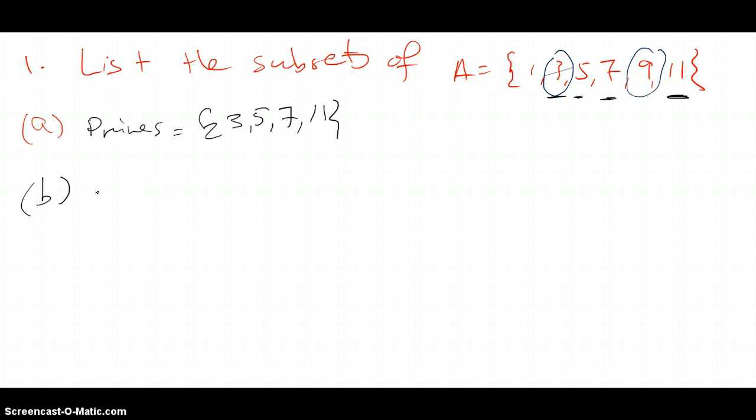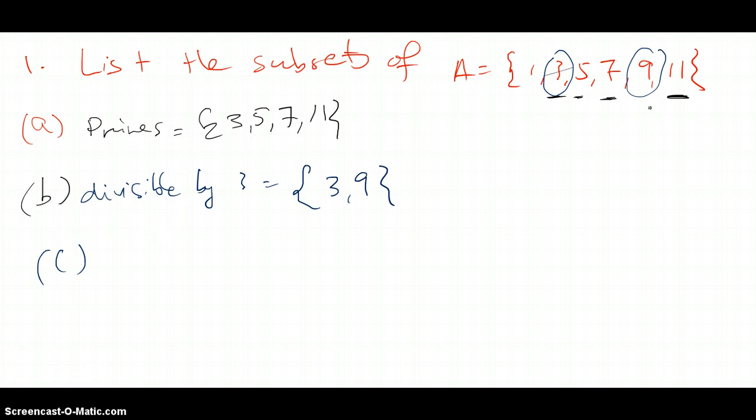So we can say divisible by 3 is equal to the set 3 and 9, sorry for the really bad curly brackets.